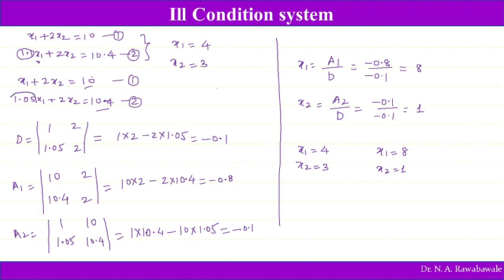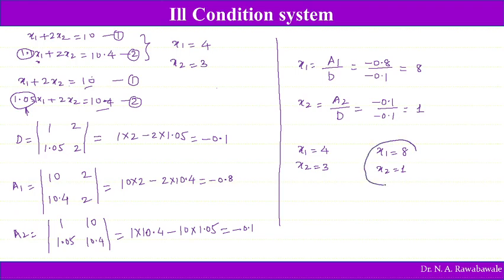This minor change which is made in the coefficient of second equation leads to the new answer. Now if we substitute these answers in the first set also, so probably it may satisfy this second set also.